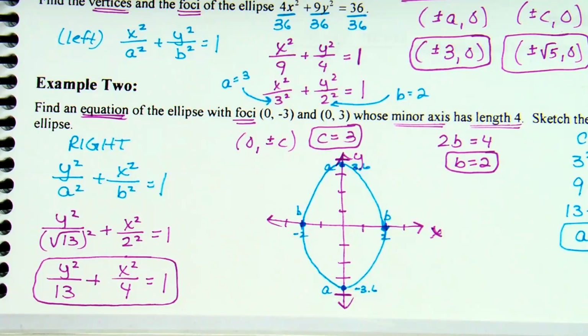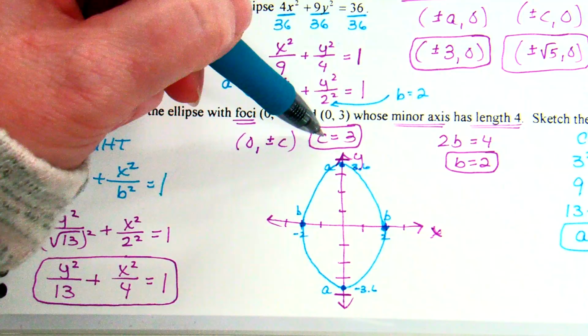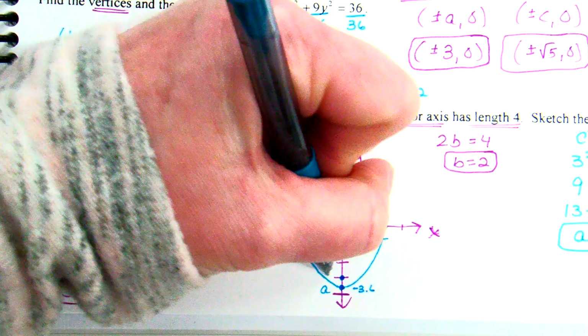Now, the one thing I did not put in, to draw an official ellipse, we really need to put our foci in. Foci are represented by what letter? C. And foci are always on the major axis, so they're always on the same axis as A. What was my C value? It was 3, so that means we're going up 3 and down 3 for our C value.